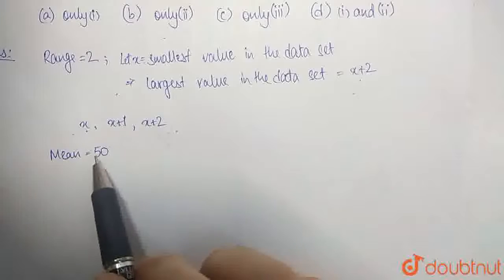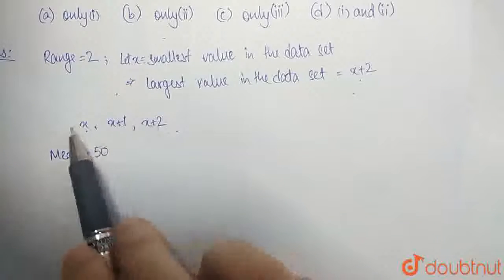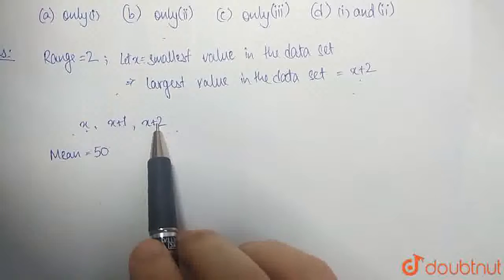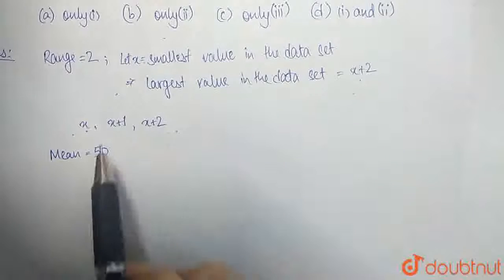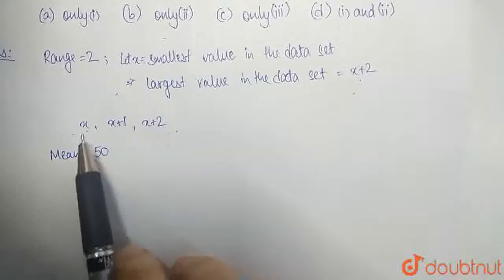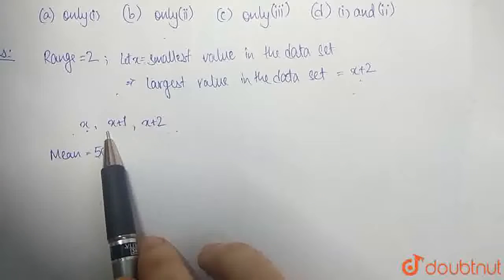Now the mean value is always between the outermost values, right? It always lies somewhere between the smallest and the largest value. Now the mean here is an integer, 50. So the only integer value between the outermost values is x plus 1, right?